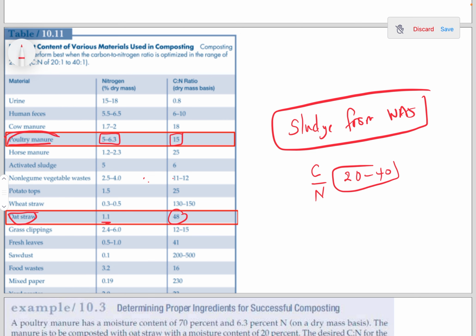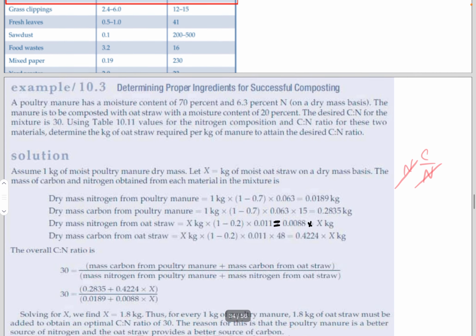Okay, and C over N is 15. 15 is not good. We need 20 to 40. So they add oat straw to it. Oat straw has a C over N of 48. Of course, we have to account for the nitrogen inside, because C over N is also a variable that we have to look at.